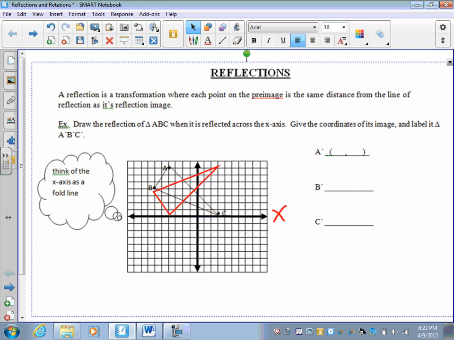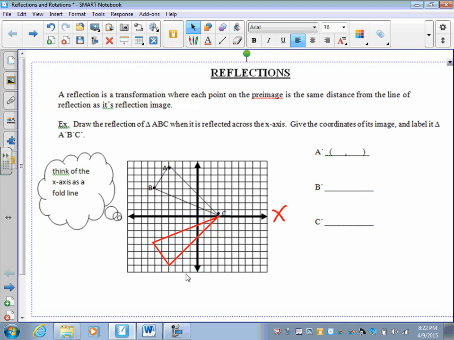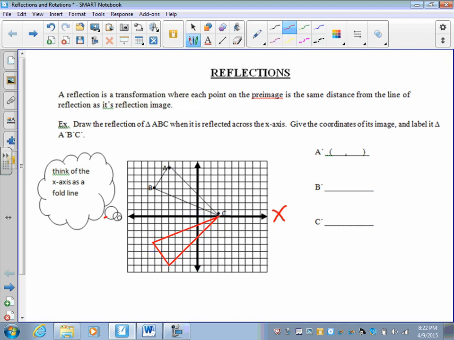Let's see if I can move it, get it as close as possible. And I'm going to highlight my x-axis in red. Now A becomes A prime, B becomes B prime, and C is also C prime.